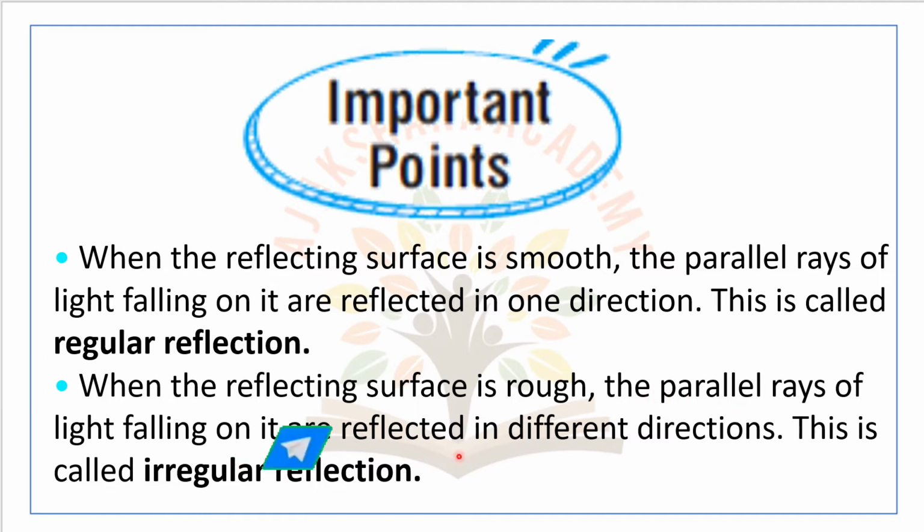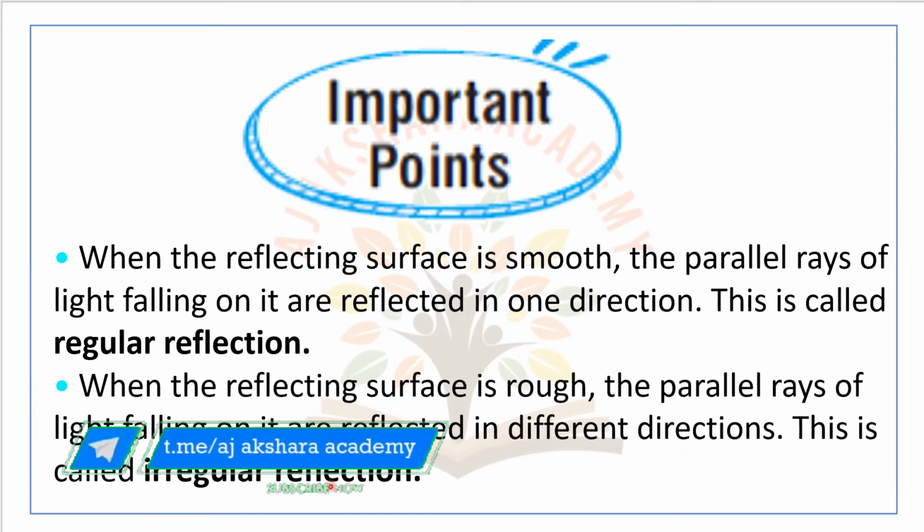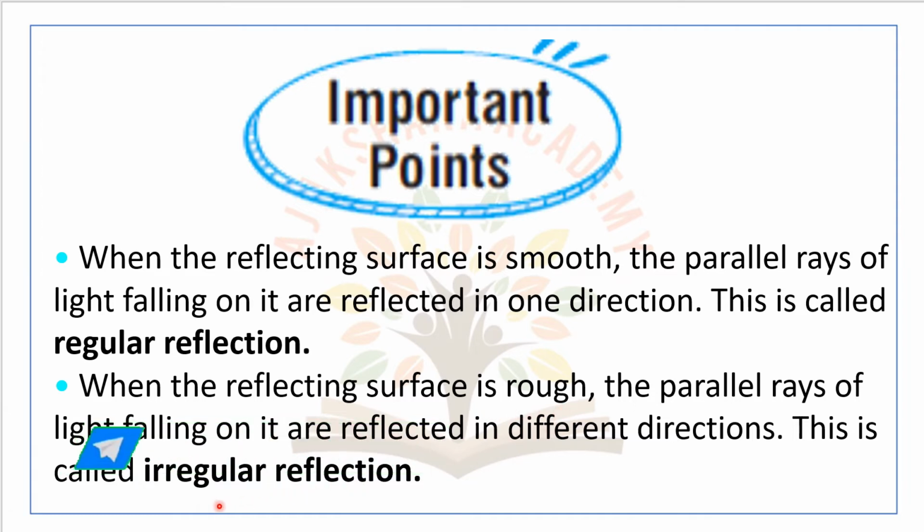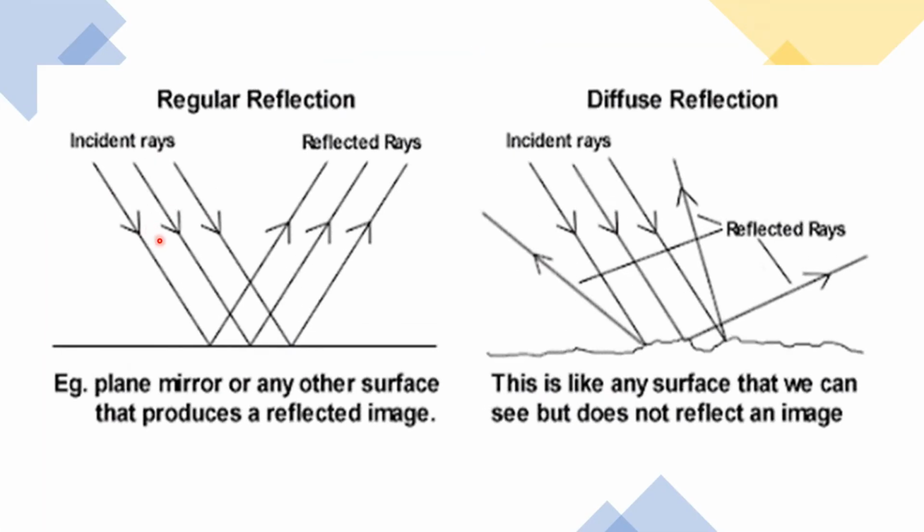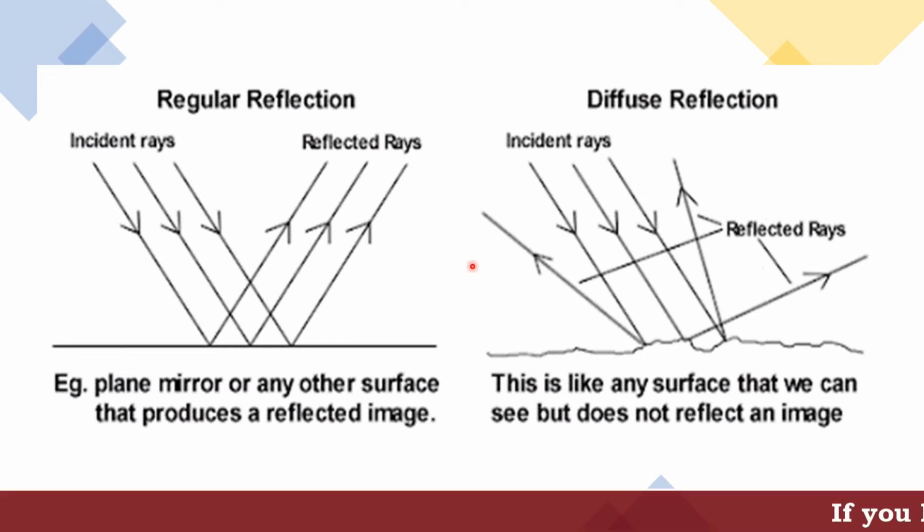The parallel rays of light falling on it are reflected in different directions. So, this reflection occurs on rough surfaces. So, this is called irregular reflection. See the picture regarding regular reflection and diffuse reflection, or we can call it irregular reflection.